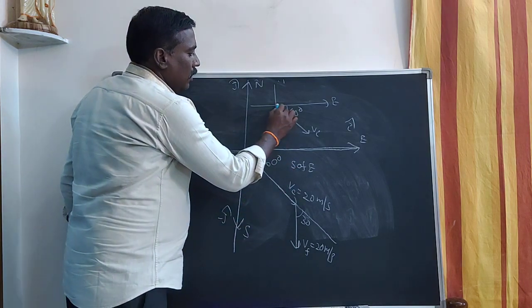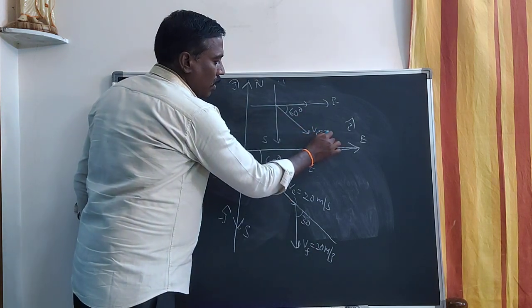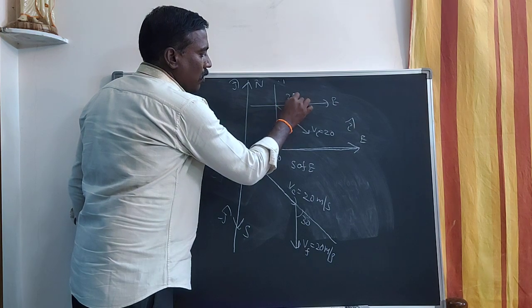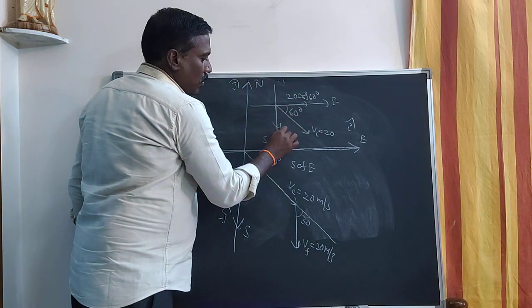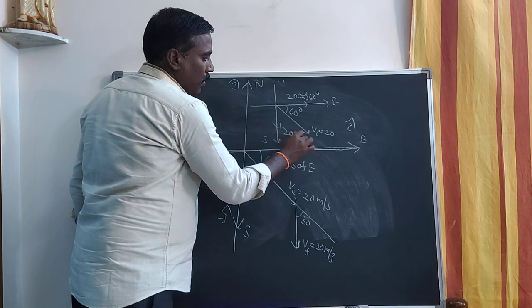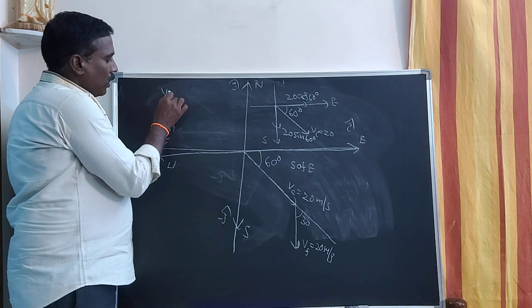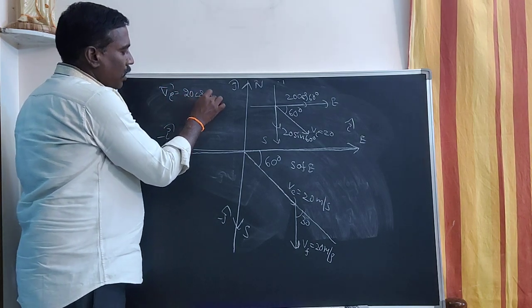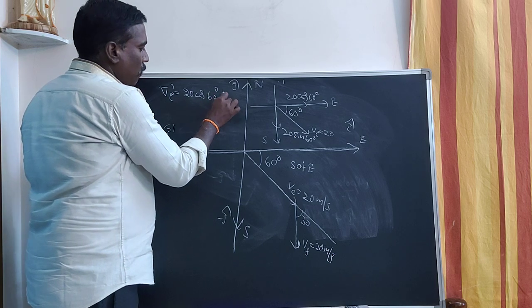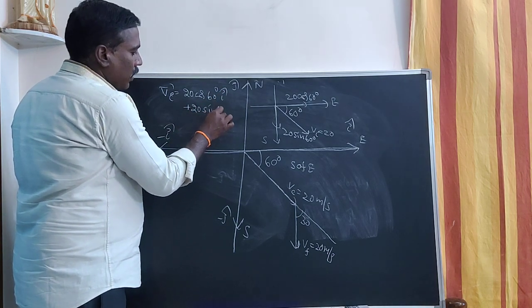Here V initial is 20. This component is 20 cos 60, this component is 20 sin 60. So V initial bar is equal to 20 cos 60 I cap minus 20 sin 60 j cap.